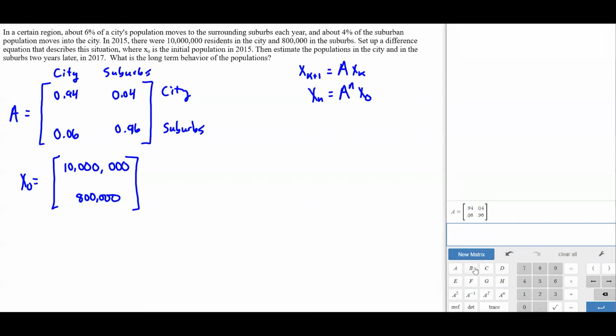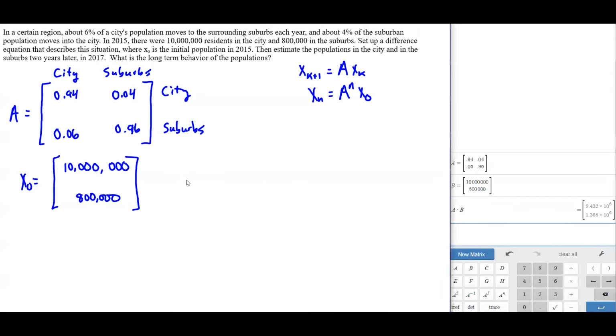We'll call that B. And if we multiply A times B, we get the population in each after 1 year.